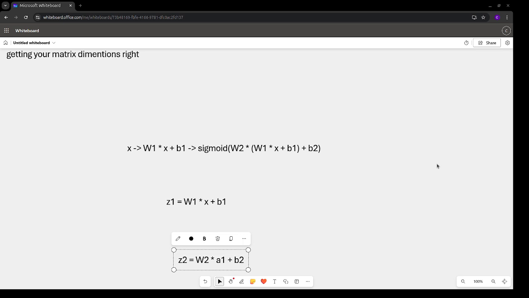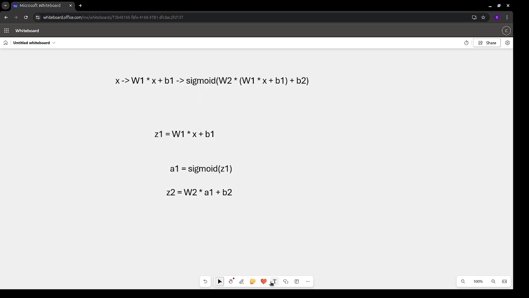The activation function again, we're going to write here. That is sigmoid, where sigmoid is the activation function, and this gives the output of the network, which will be the final Y.